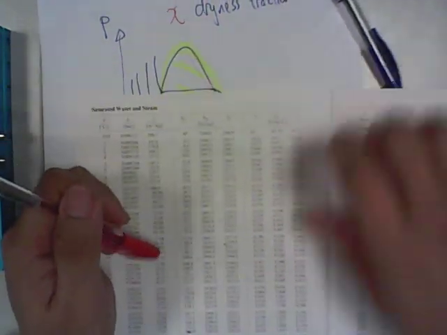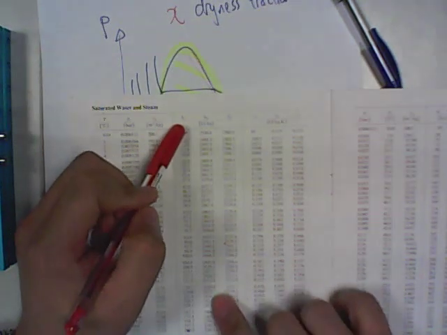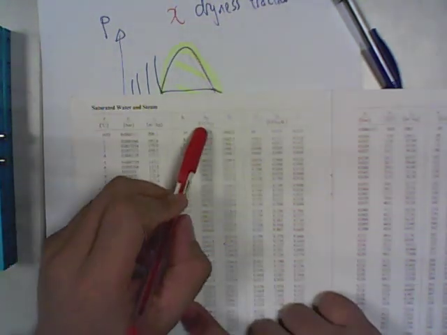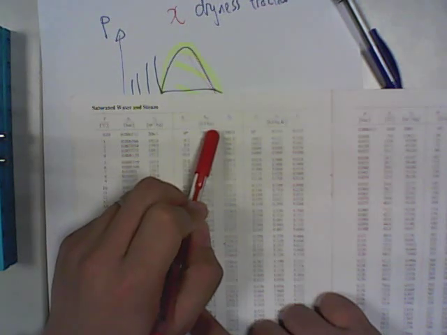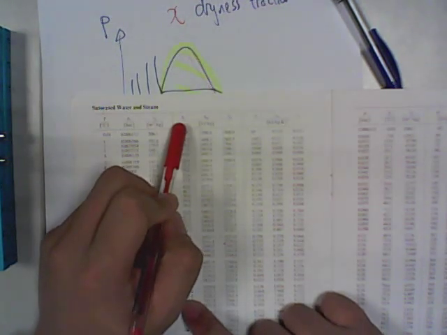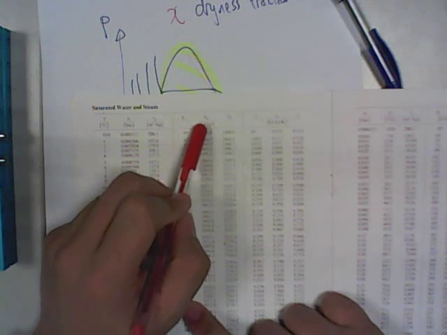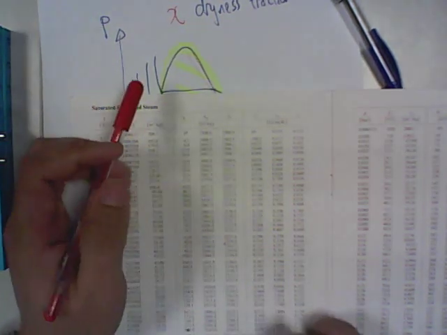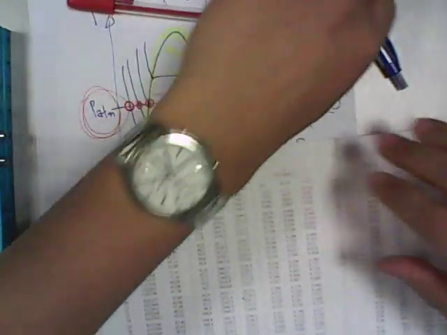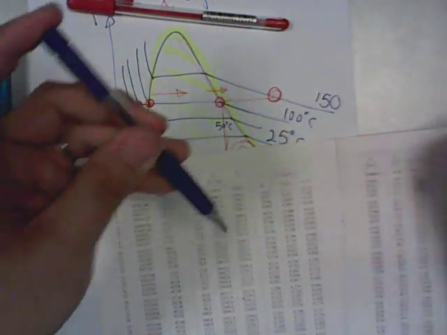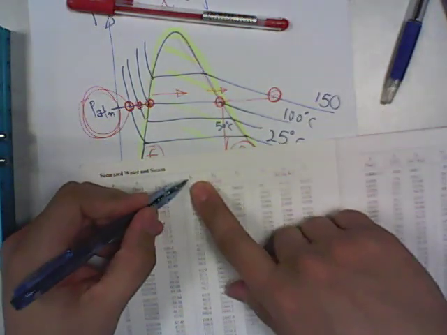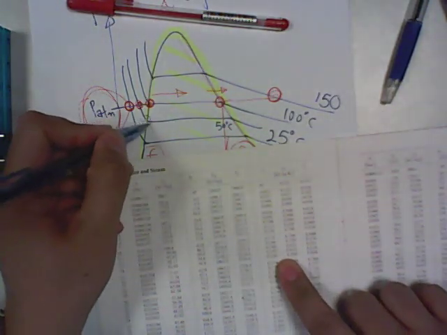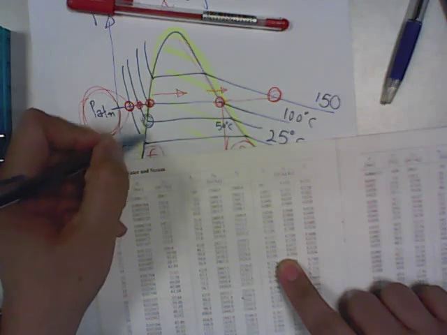The next three columns are about enthalpy. Note that the units are in kilojoules per kilogram, so these are specific enthalpies. hf is the enthalpy at this point along this line.